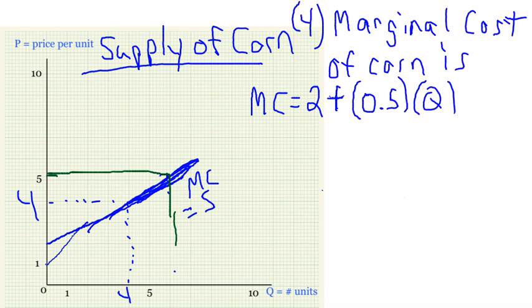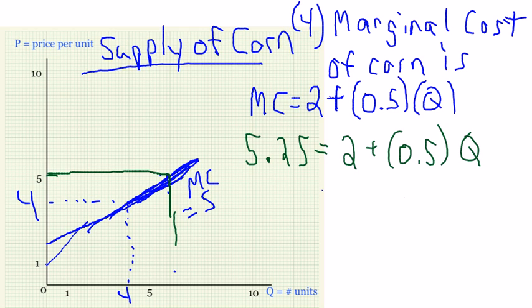That's a little tougher here, but think about it. All we have to do is wherever we see marginal cost, we plug in price. So marginal cost equals price, $5.25 equals 2 plus 1/2 times quantity. To figure out what quantity is, all we have to do is use a little algebra.